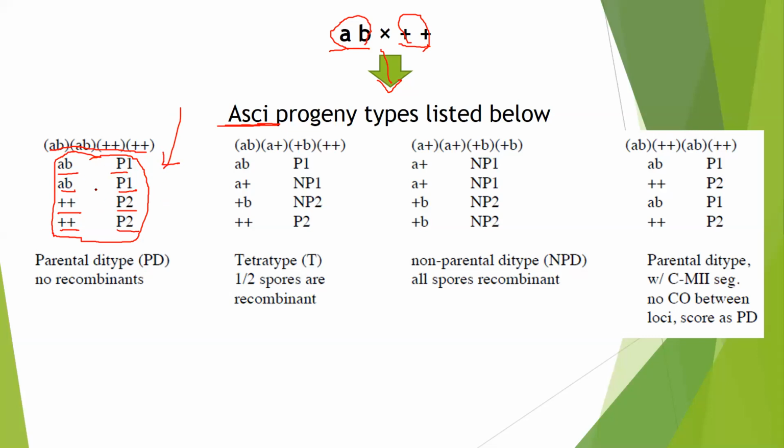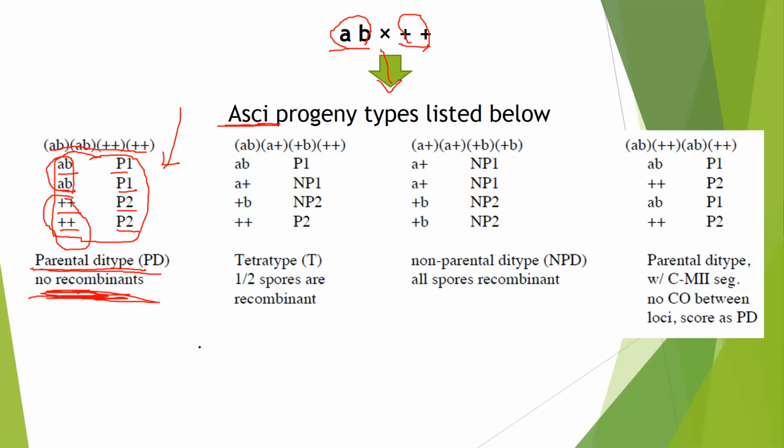Every single progeny within this ascus will be parental type. An ascus like this is defined as the parental ditype, because we have two types here, and each of these two types is parental. So parental ditype means there's no recombination, no crossover occurring in this meiosis.